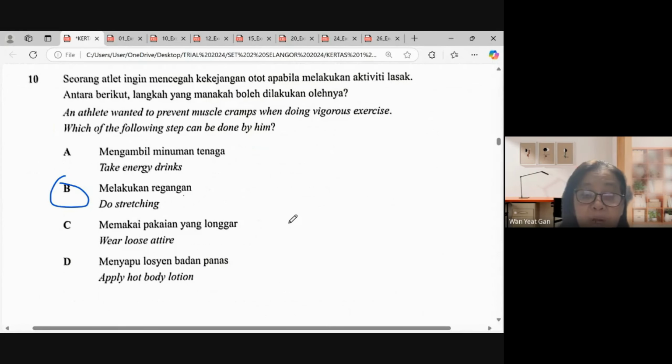If we immediately do vigorous exercise without warming up, then we will tend to have muscle cramp.